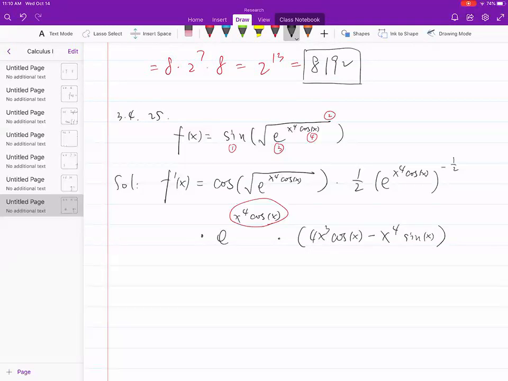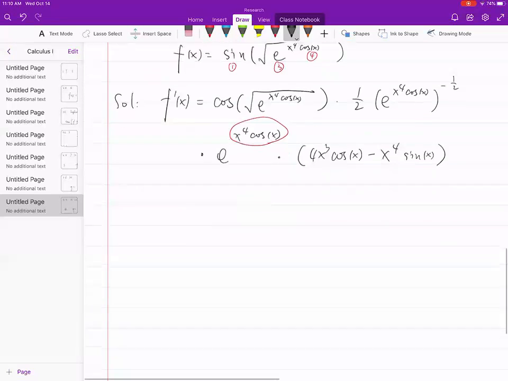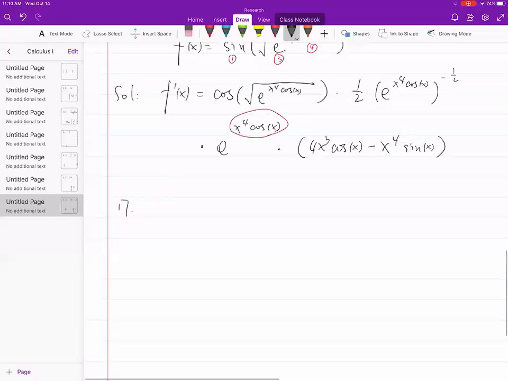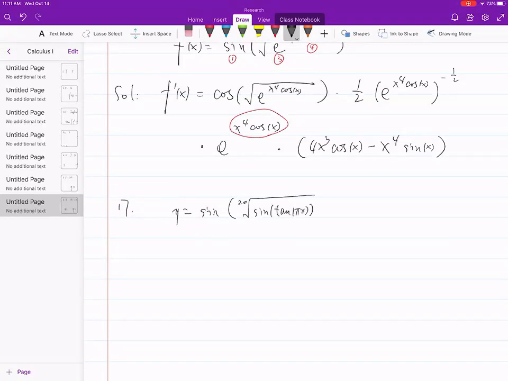3.4, problem 17. 17. Cool. Sine, tangent, pi x.